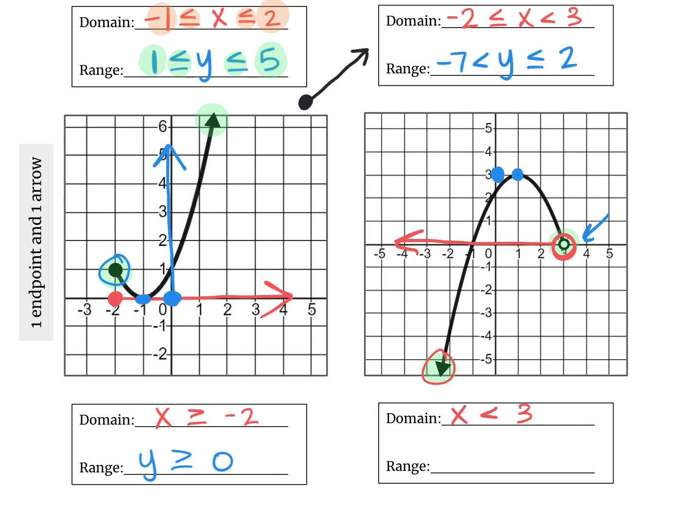And notice that here, my parabola is opening down. So that means I'm going to draw my arrow down the y-axis. It's pointing down. So the y values, since they're going down from 3, are getting smaller. They have to be less than that 3, and it's a closed circle, so less than or equal to 3. And that's our range for that graph.